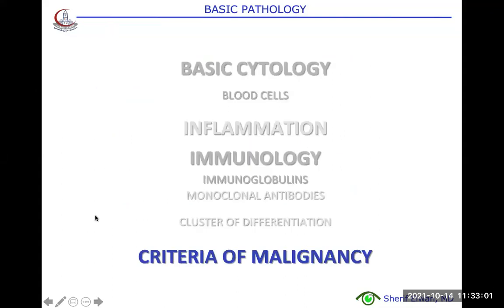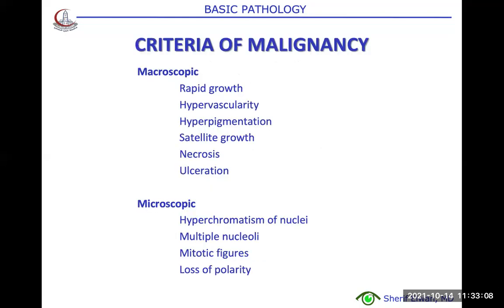Finally, in this lecture, after we have finished the basic cytology and the inflammation and immunology, I am going to talk to you about the criteria of malignancy. Criteria of malignancy can be seen either macroscopically or microscopically. Macroscopically, using our naked eyes, rapid growth is a character of malignancy. Abundance of blood vessels is again a character seen by the naked eye.